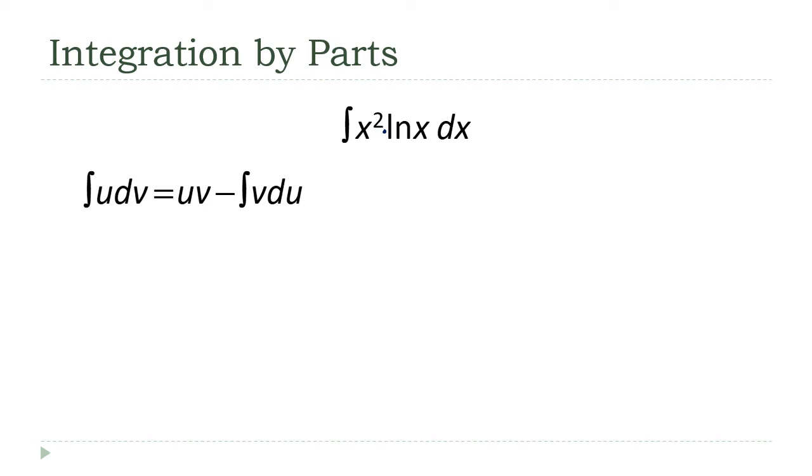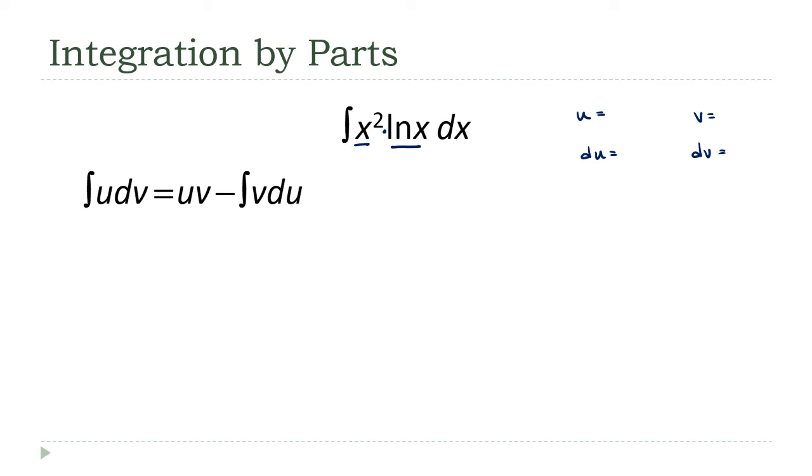All right, so let's get our parts. I need to know what u is, then I'll calculate du. And I need to know what v is, and then I'll calculate dv. Now, I really only have two choices here. I'm thinking about the v first. I can let v be x squared, or I can let v be the natural log of x.